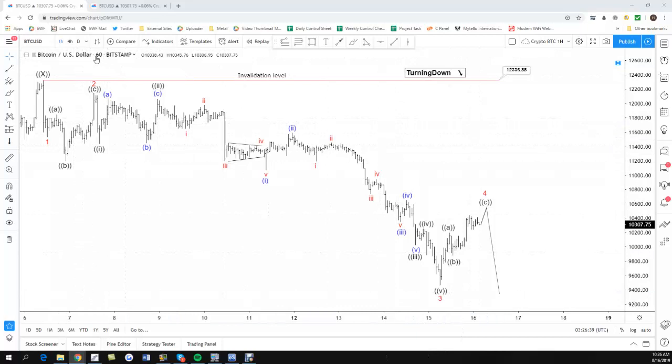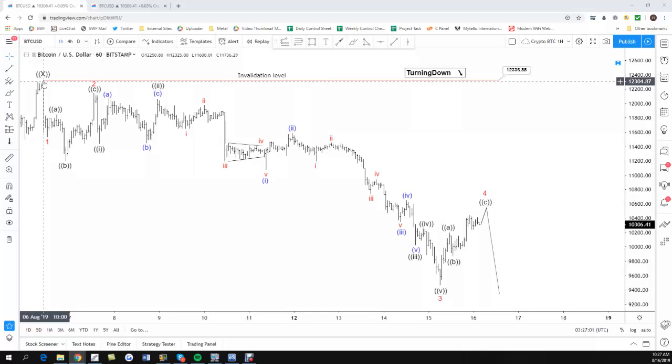This is the 60 minute chart of Bitcoin. Bitcoin has been selling off this week, and the structure of the decline looks to be impulsive. It's not overlapping.